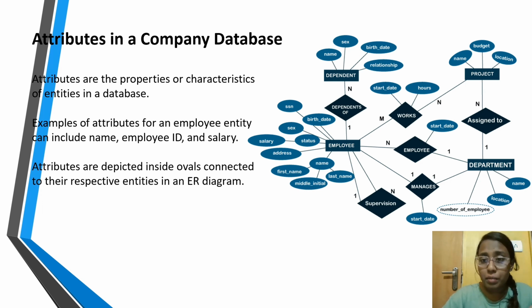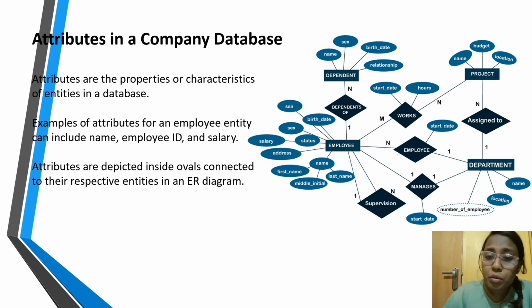There are many examples for the employee entity in a company database, such as salary, employee name, employee ID, birth date, status, address, whatever it is. Attributes are depicted inside ovals connected to their entities in ER diagrams.